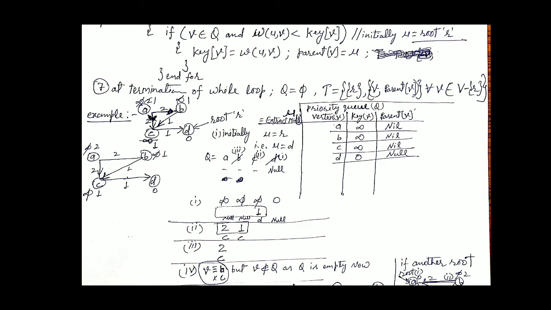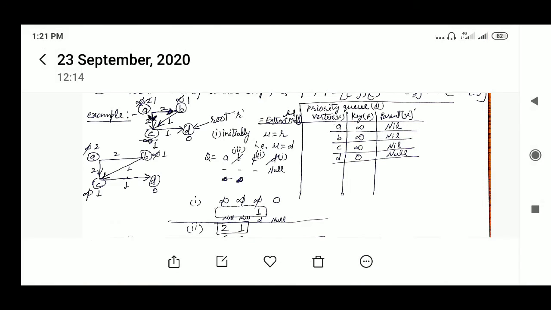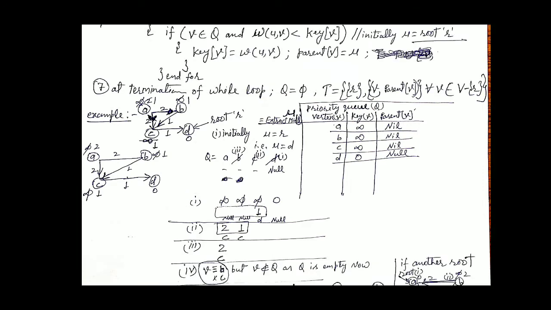Now c has the key value 1, and the remaining vertices in the priority queue are c, b, and a, in which a and b have the infinity key value and c has the key value 1. Now the extract min Q function will return c into the variable u.